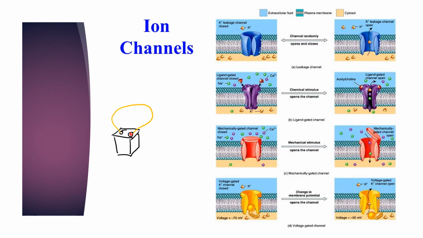Now electrons are negatively charged, and so when you connect a wire between the positive and negative terminals, electrons, these little negatively charged particles, are going to travel along that wire. So they're going to flow from the negative terminal to the positive terminal along this wire. This flow of charged particles is called a current.